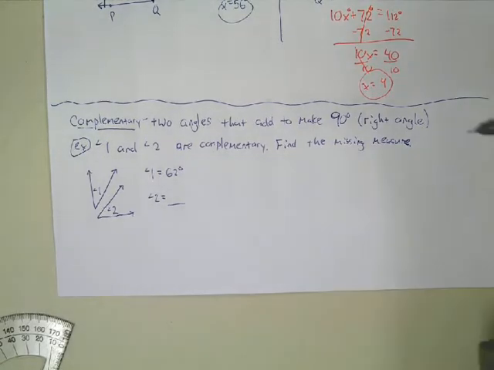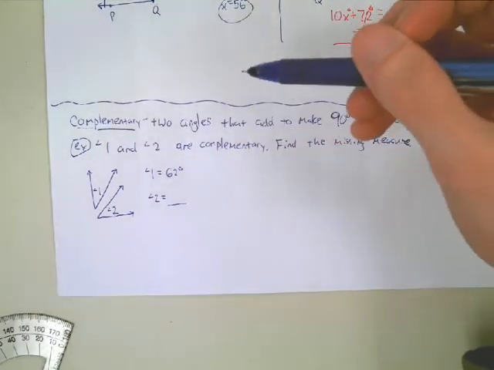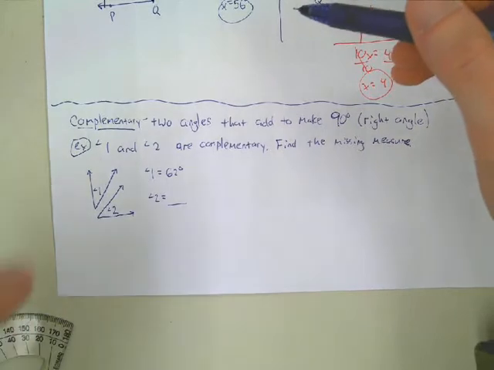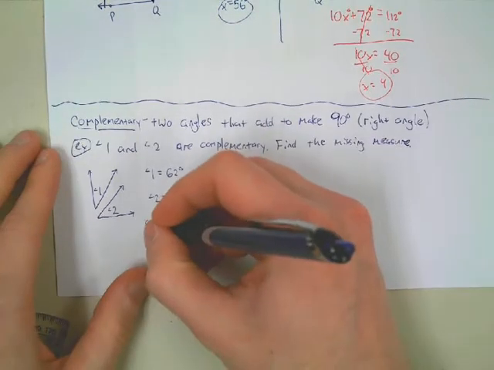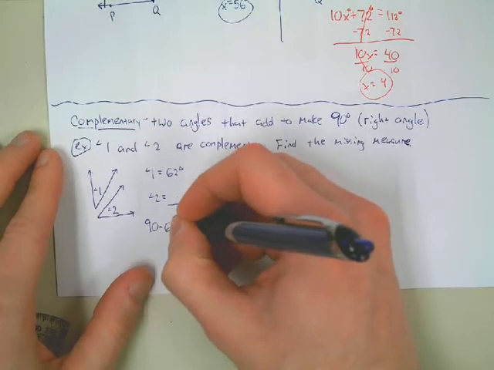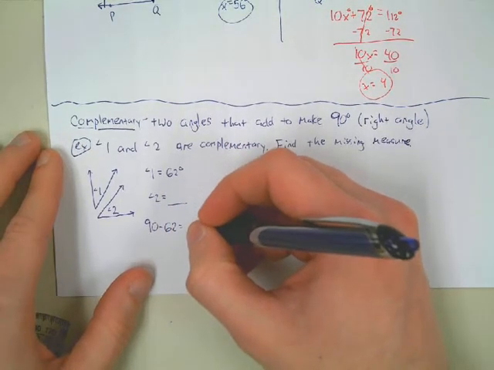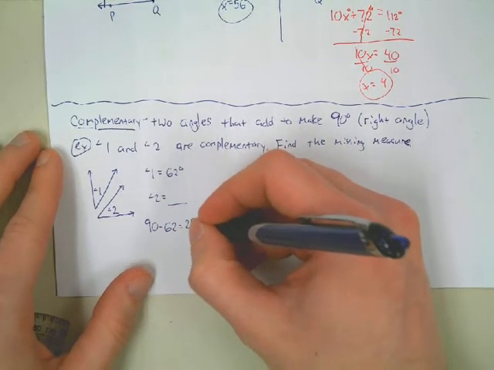Yeah, 1 and 2 are complementary. That means they add up to make 90 degrees. If we already know one of them, how can we find the other one? Yeah, exactly right. 90 minus 62 equals 28. Very good.